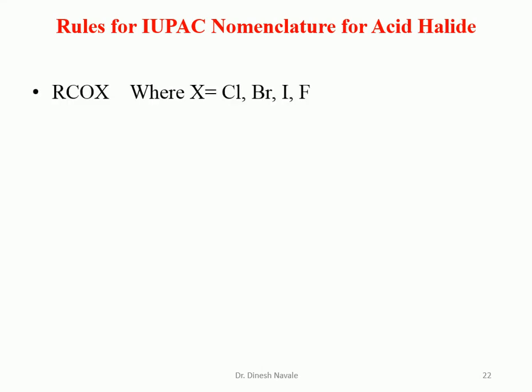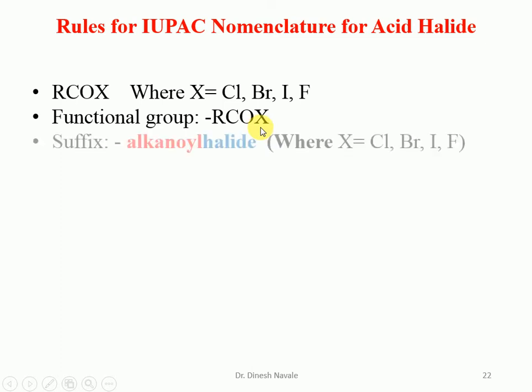An acid halide is RCOX, where X can be chloro, fluoro, bromo or iodo. The general functional group is RCOX. When we give the IUPAC nomenclature, we utilize the suffix alkanoyl halide. The alkanoyl part is the carboxylic acid group and the halide is the X.